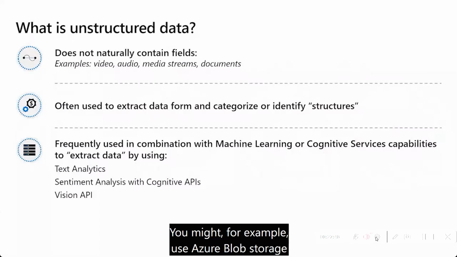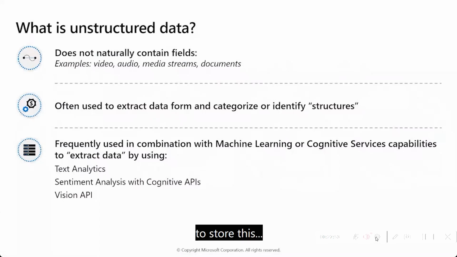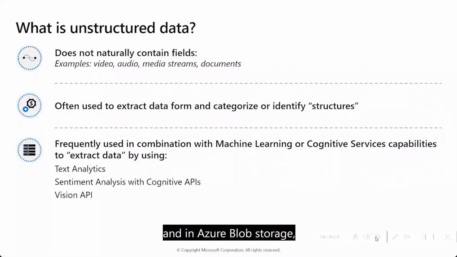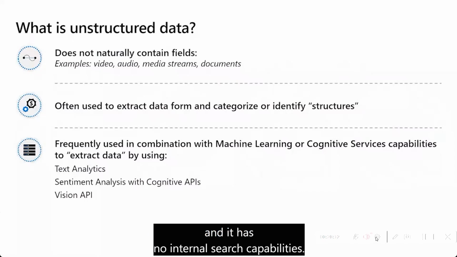You might, for example, use Azure Blob Storage to store this unstructured data. So blob actually stands for binary large object, and in Azure Blob Storage, block blobs are supported. So block blobs are used for basic read and write operations, and have no internal search capabilities.